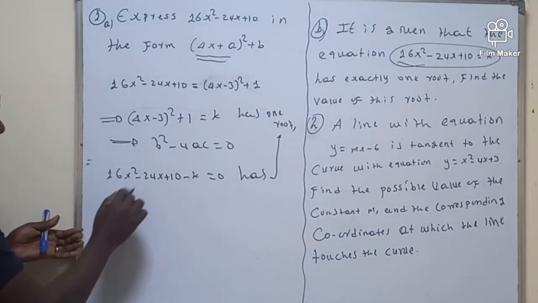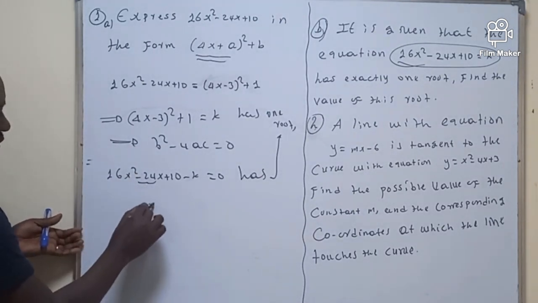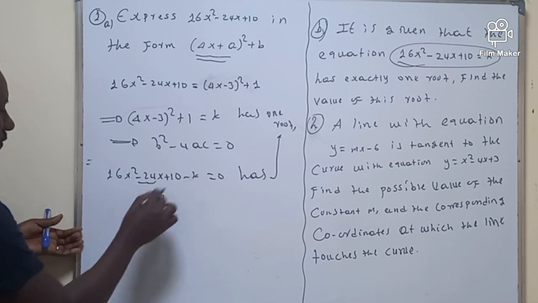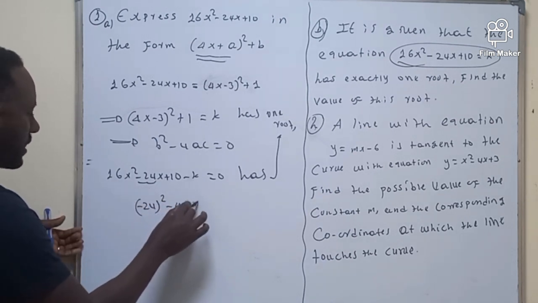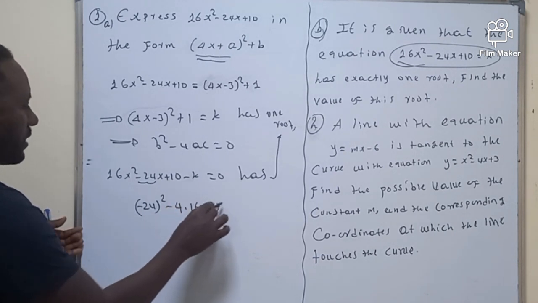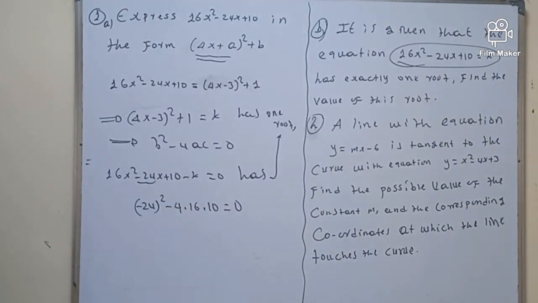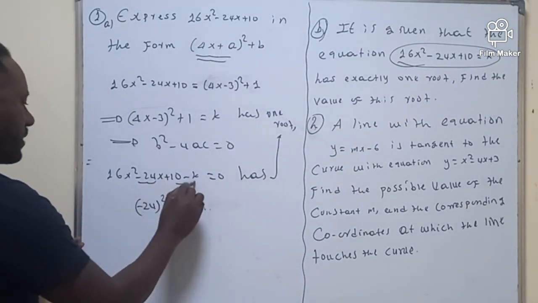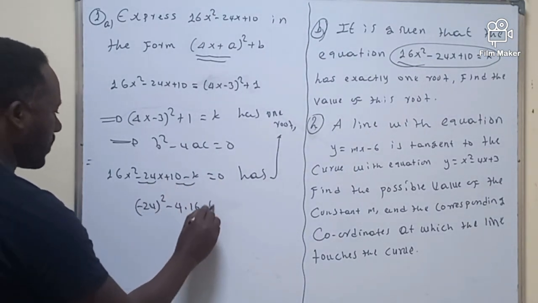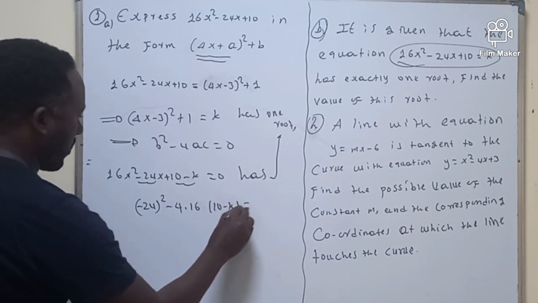From here, b is negative 24, so 24 squared minus 4 times a, which is 16, times c, which is 10 minus K, is going to be 0.